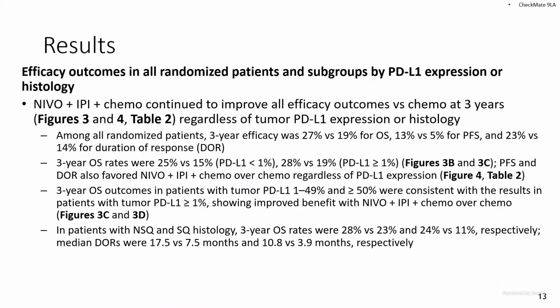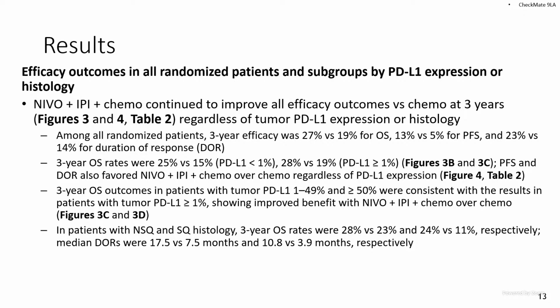So the authors have concluded that efficacy outcomes in all randomized patients and subgroups of PDL1 expression at 3 years of follow-up show the combination is efficacious. 3-year efficacy was 27% versus 19% for overall survival, 13% versus 5% for PFS, and 23% versus 14% for duration of response.